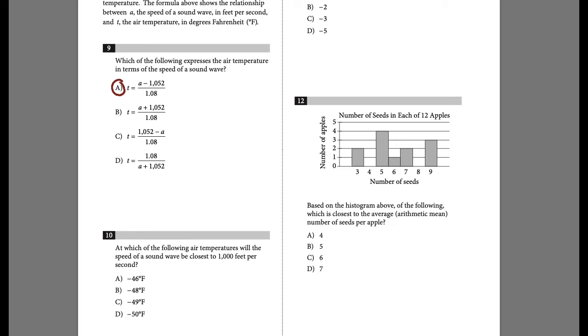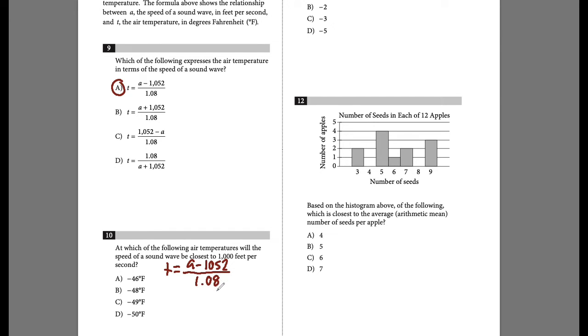Number 10. At which of the following air temperatures will the speed of a sound wave be closest to 1,000 feet per second? We're going to use the answer from number 9, which was answer choice A. T equals A minus 1052 divided by 1.08.